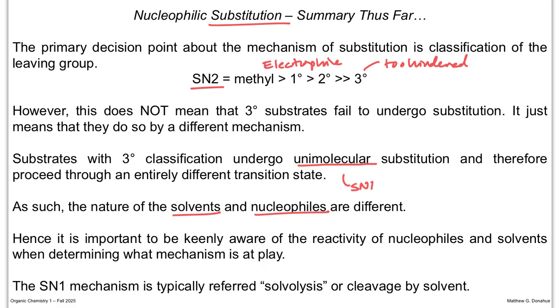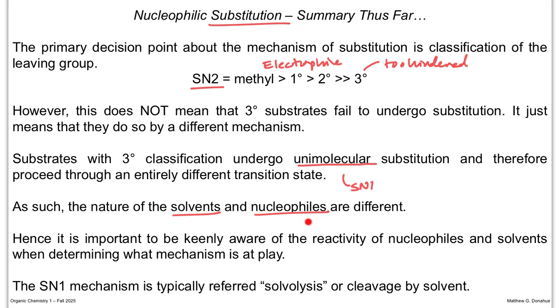So perhaps something that may make it a smidge less complicated. The solvent for these is typically the nucleophile. So when you're looking at how do I know which one is occurring, SN2 or SN1, you'll get a sort of intuition developed when you look at these.